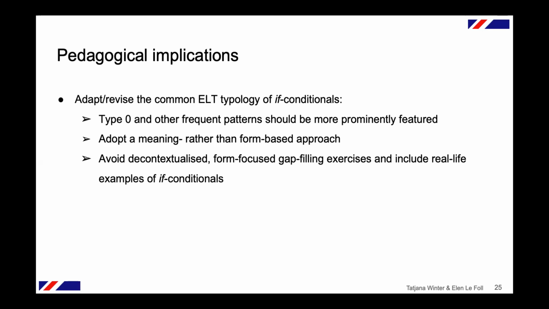And anyway, any typology should make clear that a particular combination is not in itself wrong just because it doesn't correspond to any predefined pattern. And it should be complemented with real-life examples and contextualized exercises, ideally created on the basis of corpus data.